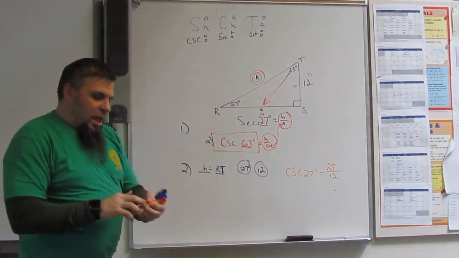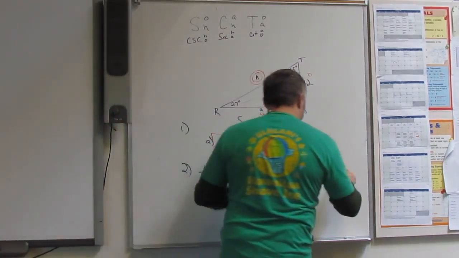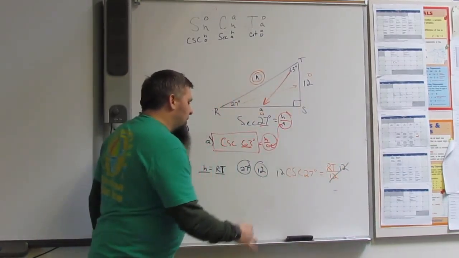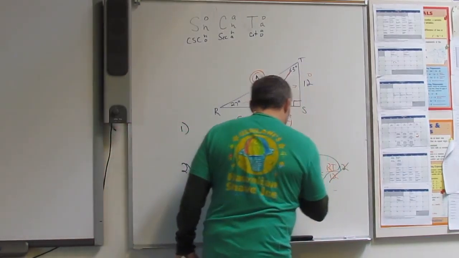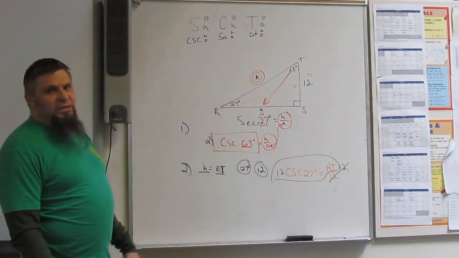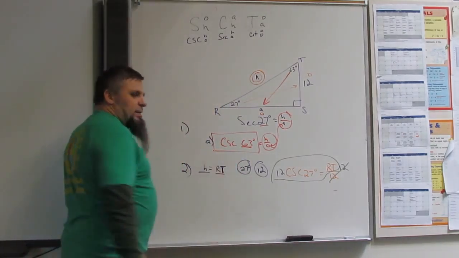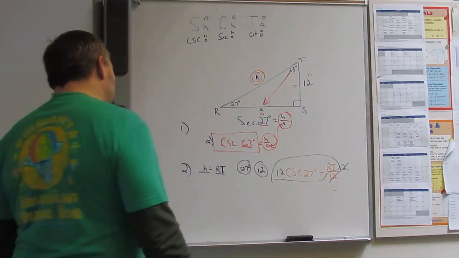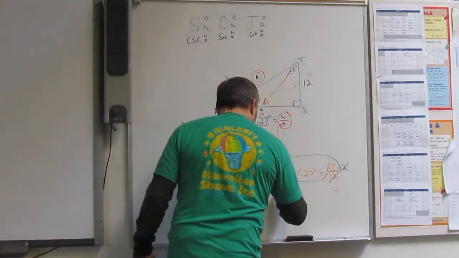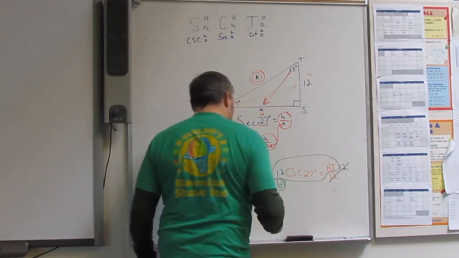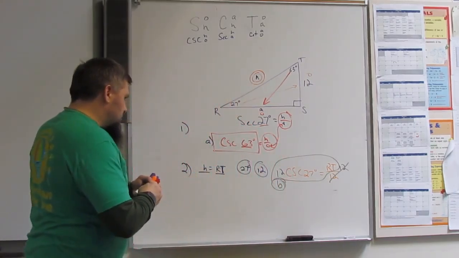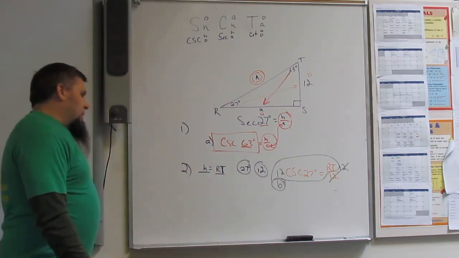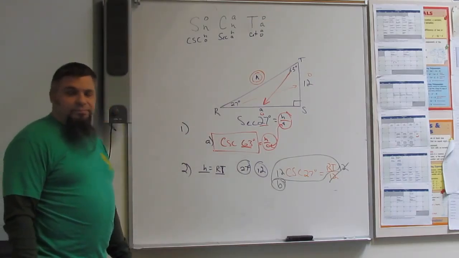And when I multiply both sides by 12, I get that RT is equal to 12 cosecant 27. And what letter is that? That's letter B. Secant isn't even an option. So that made it nice.